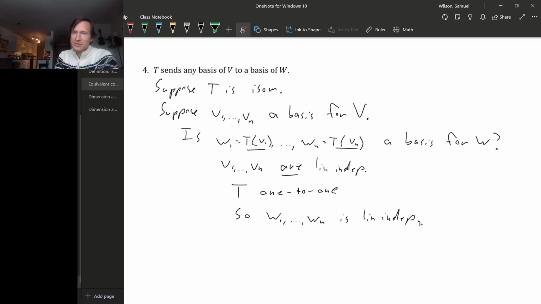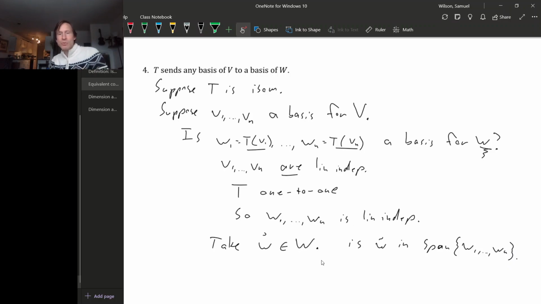Okay, so now we just need to know, do the W's span big W? So let's take little w in big W. The question is, is little w in the span of W1 through Wn?